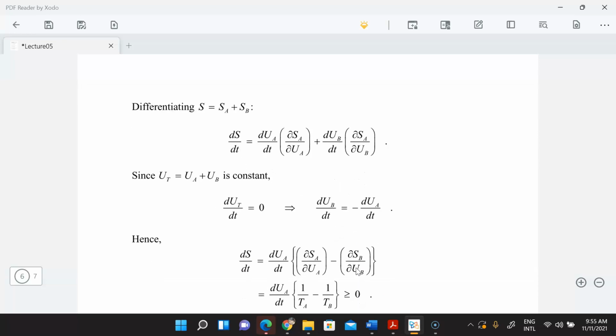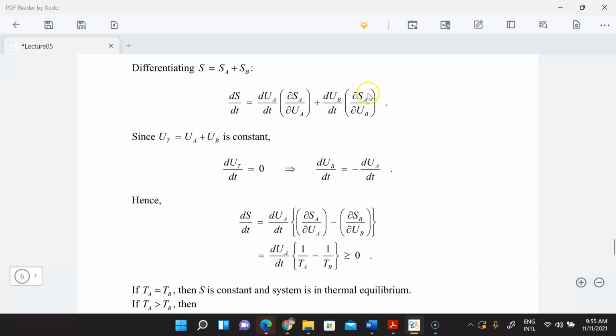You can substitute this into the equation above.